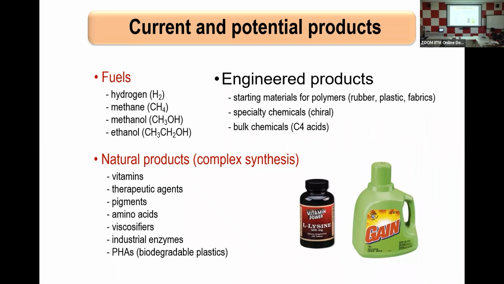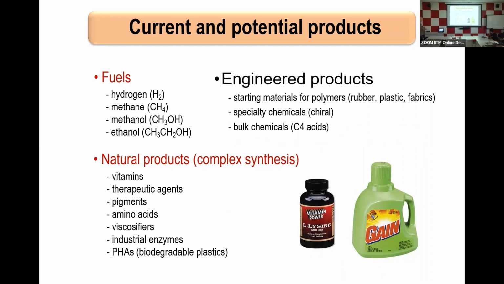But if the idea is to replace chemical processes by biological counterparts, the first type of products that we will consider are those that are typically produced by chemical industries, for example, foods, engineered products, plastic, polymers, some special chemicals, and in some cases also some complex molecules, vitamins, pigments, and so on.